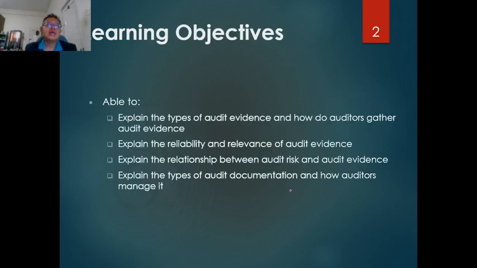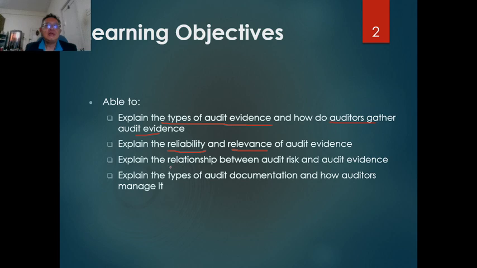When you look at our learning objective for this particular session, after the end of this course, you will be able to explain different types of audit evidence and how auditors gather this evidence. Basically this evidence is gathered through the audit procedure. You must also be able to explain the reliability and the relevance of audit evidence, see how relevant and how reliable the audit evidence is.